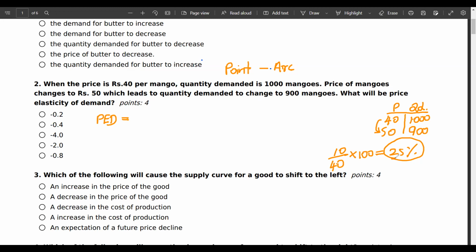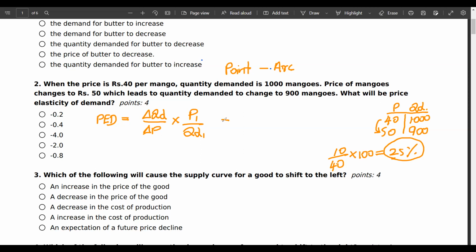Okay, so in this case, since it's at 25% only, I'm going with the point method. In that case, it will look something like this: change in quantity demanded over change in price, into the original initial price over the initial quantity demanded.